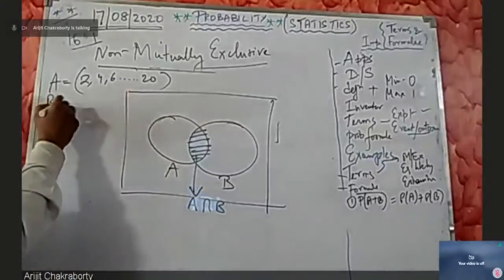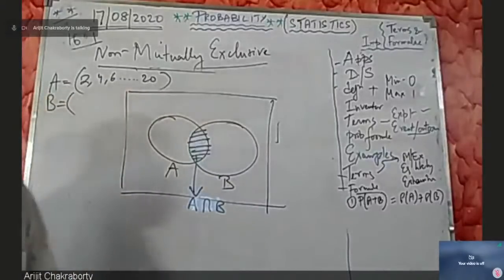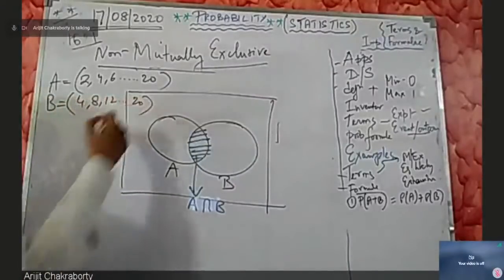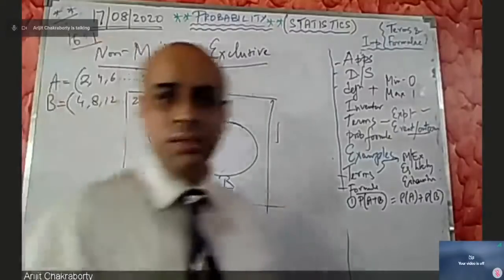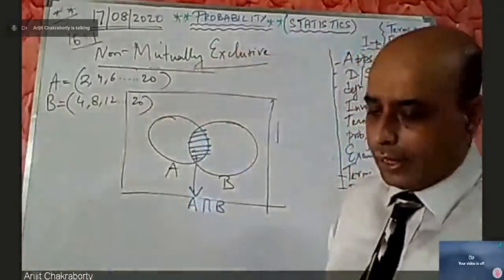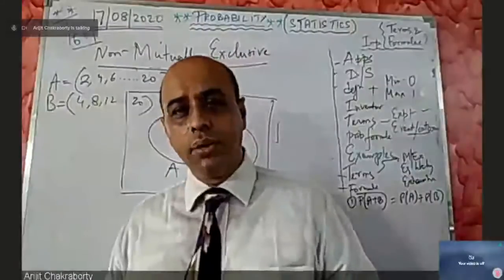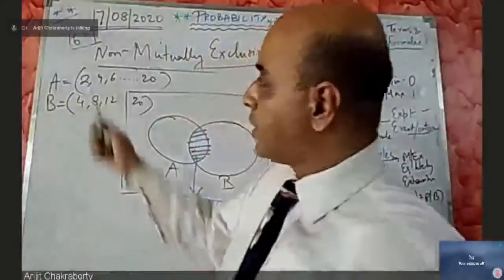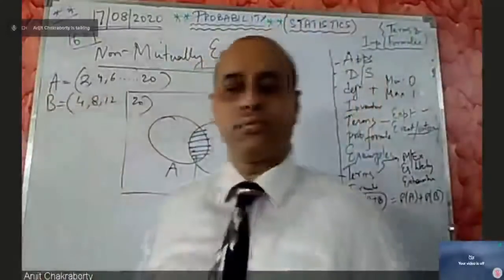I have set B, which has the numbers 4, 8, 12 till 20. These are the two sets. Now, if I tell you that you have to choose a number such that it is either a multiple of 2 or a multiple of 4.